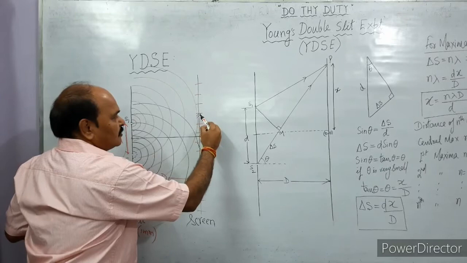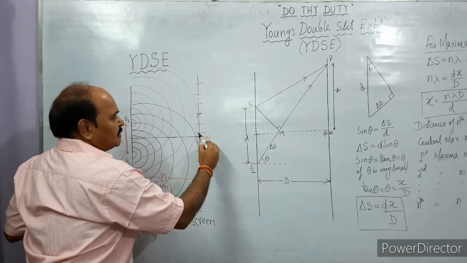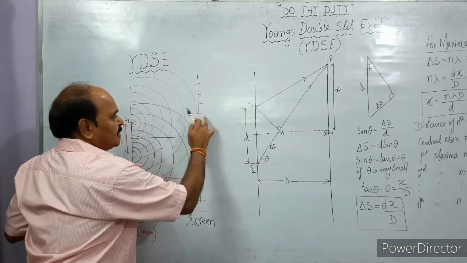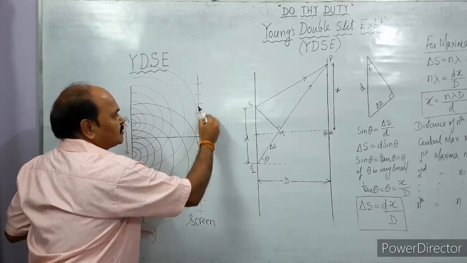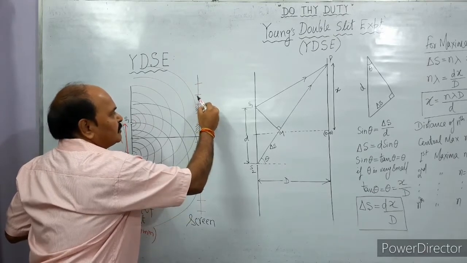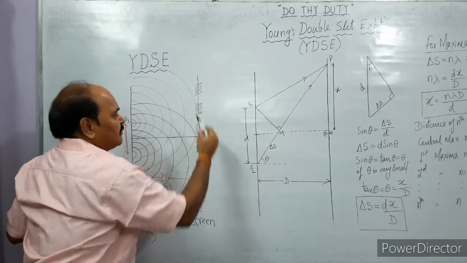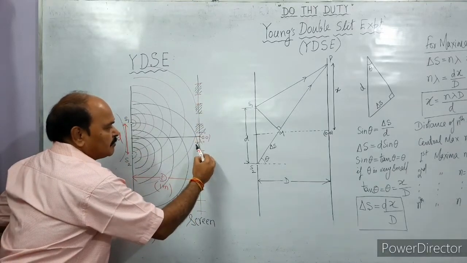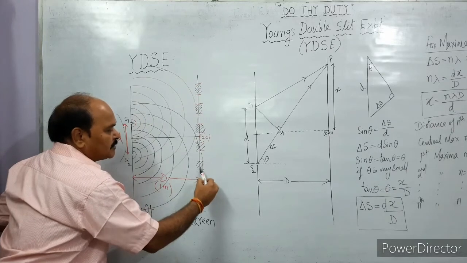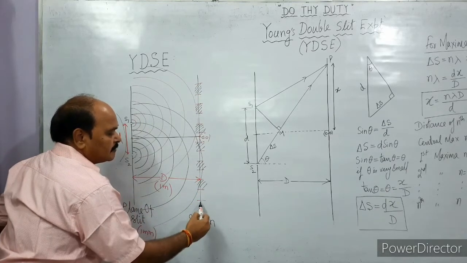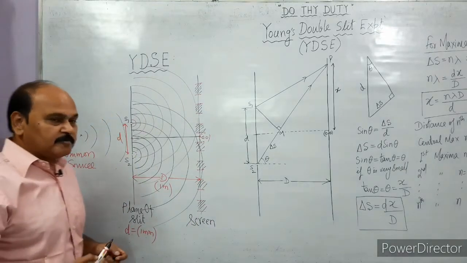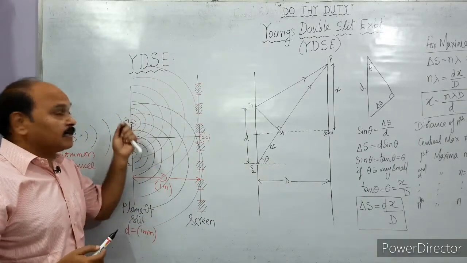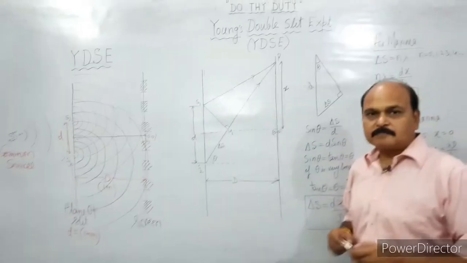This is going to be minima, and then maxima, and then minima, with maxima and minima. So we have an alternate arrangement of maximas and minimas formed over the screen. So this was the interference pattern produced by Young in the lab for the first time.